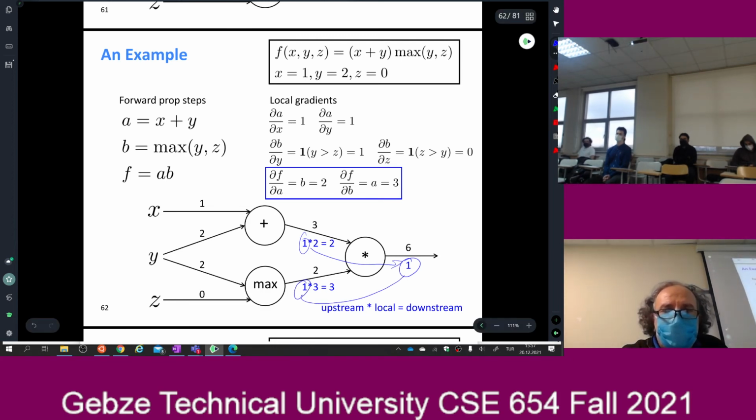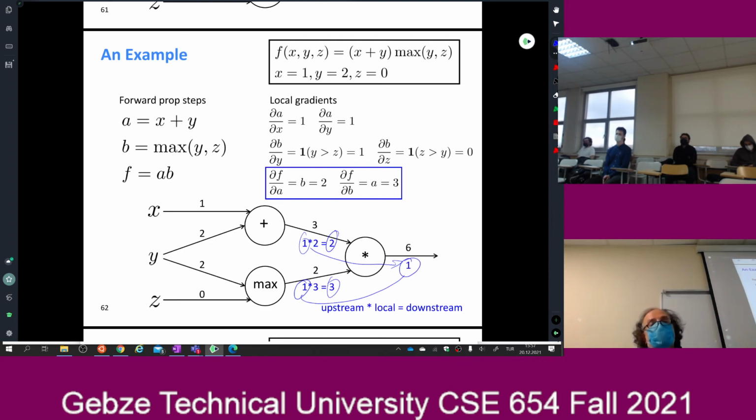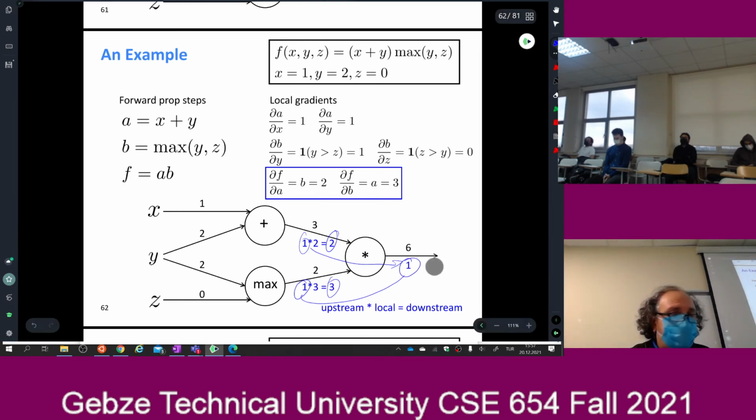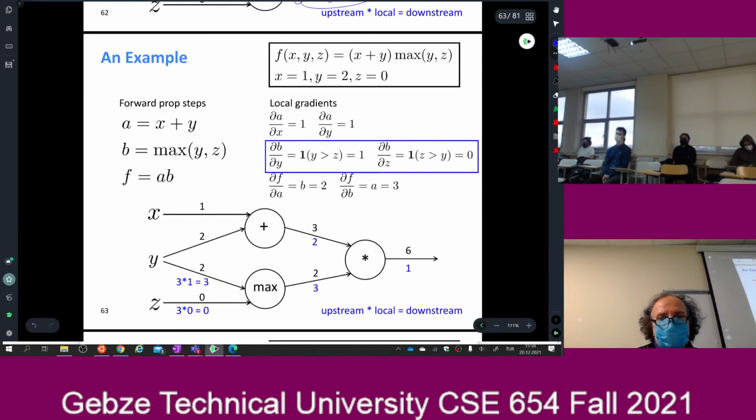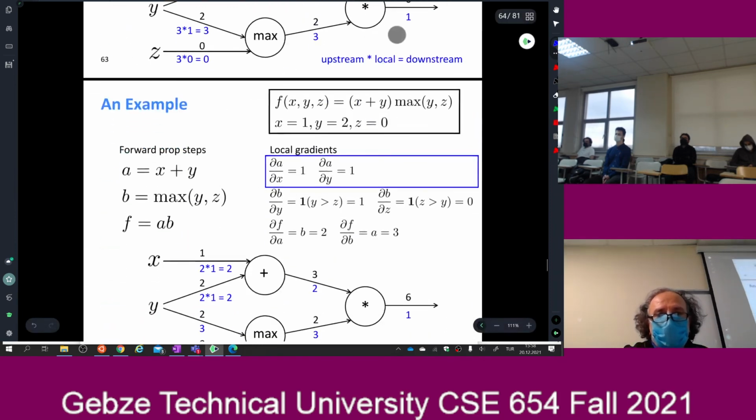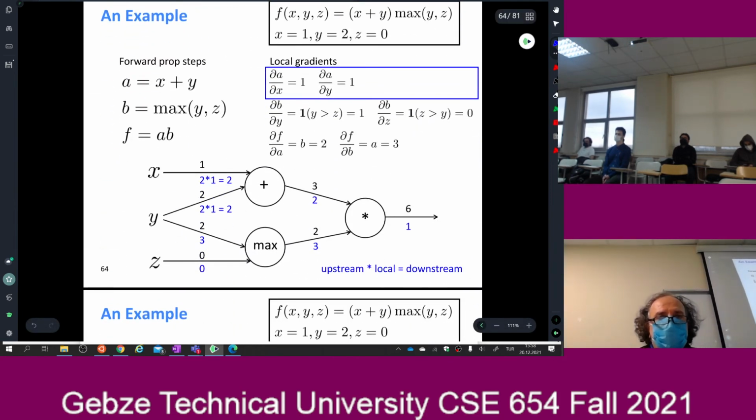And 2 is the derivative of f with respect to a, so it is 2 and 2, 2 and 3. So I am backpropagating my derivatives from the loss function back to the input, and doing the same thing for this max. It is going to be 0 times 1 for this part, 3 times 1 for this part, and 3 times 0 for this part. And if I go up, I will do the same calculation for the x.